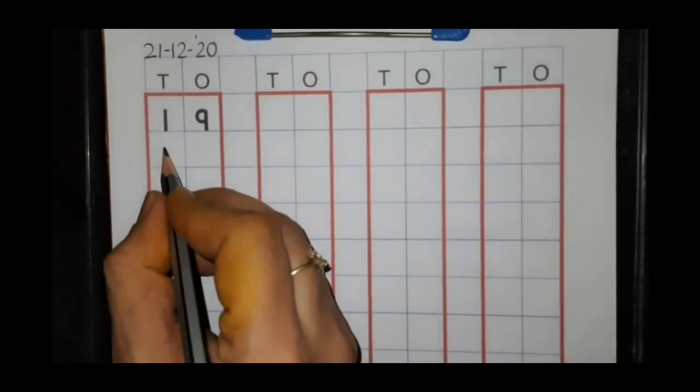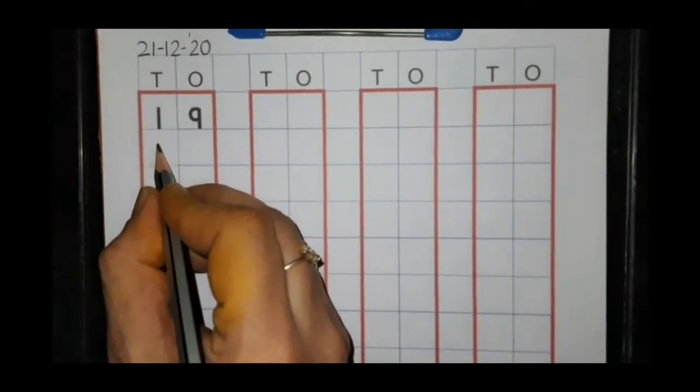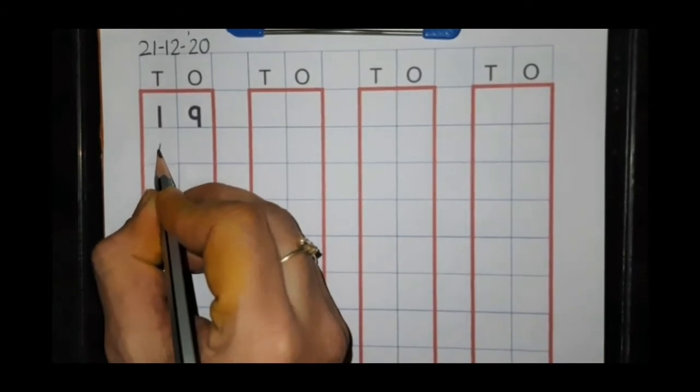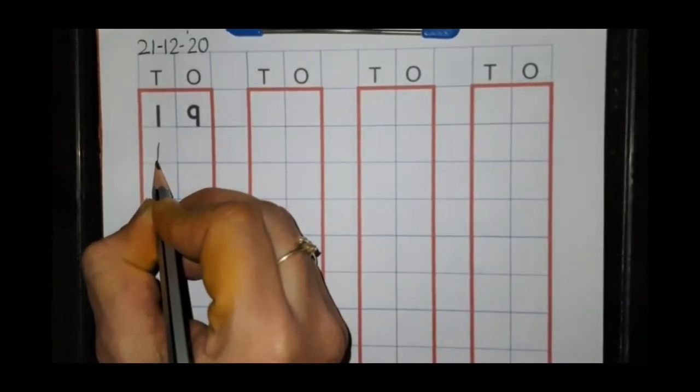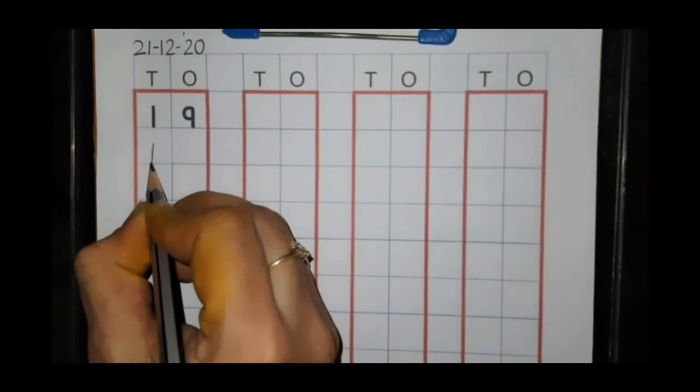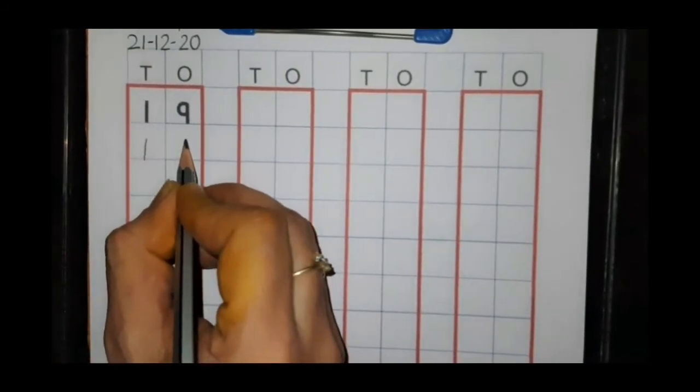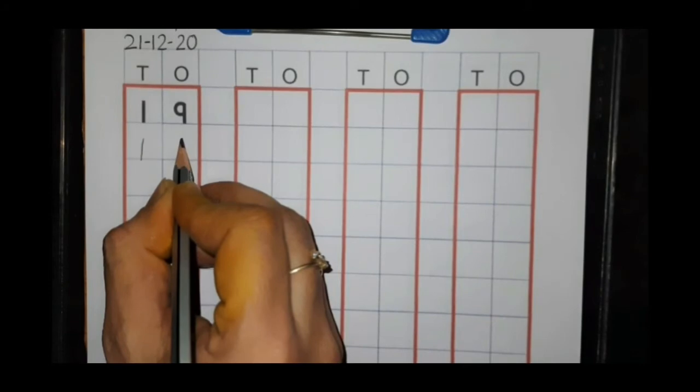For number 1, we will start from the middle. Standing line, touch the bottom blue line. Number 1. For number 9, we will start from the middle.